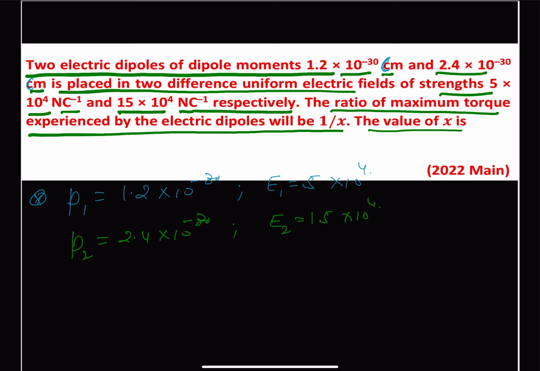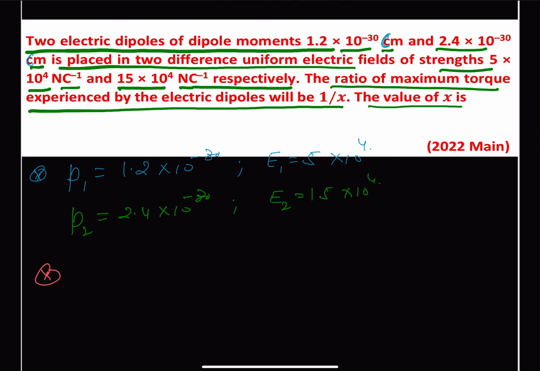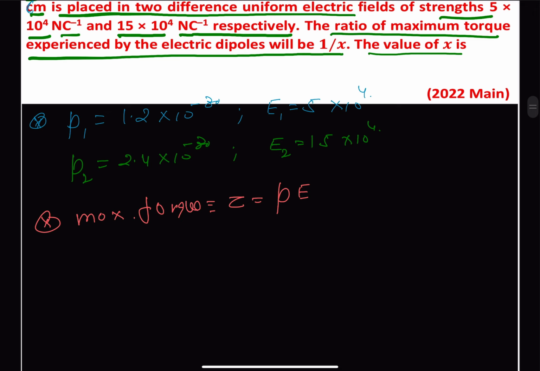And the equation for the maximum torque, tau, is equal to the product of electric field and the dipole moment. We can divide this into tau 1 and tau 2. We can say tau 1, for the first one we substitute the values, is 1.2 into 10 to the power minus 30 times the electric field 5 into 10 to the power 4, which gives us 6 into 10 to the power minus 26.